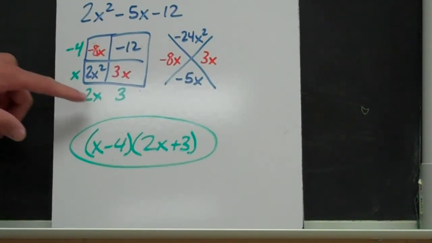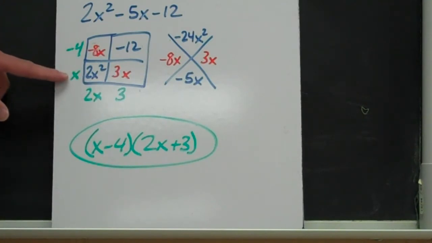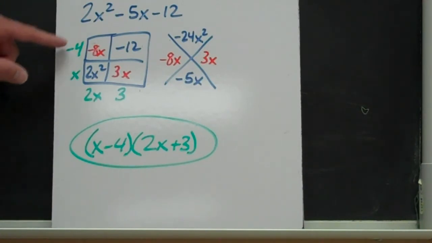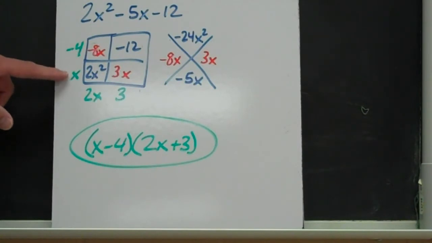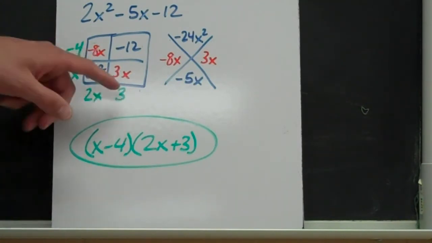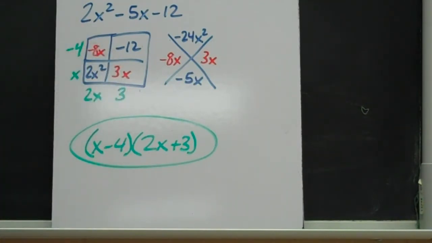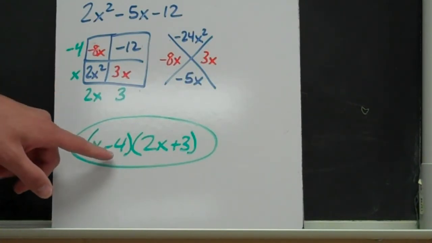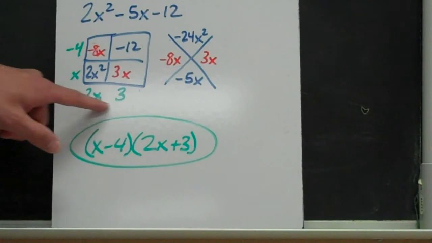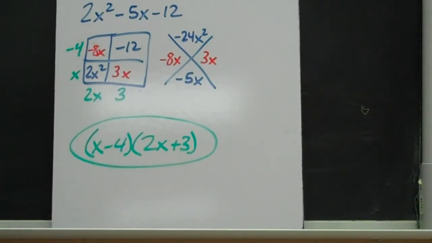Then we move over here. 2x times x would give us 2x squared. 2x times negative 4 would give us negative 8x. And x times 3 would give us 3x. So our height is x minus 4, and our base is 2x plus 3.